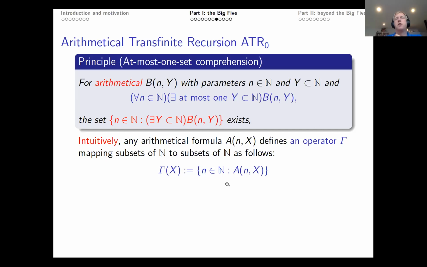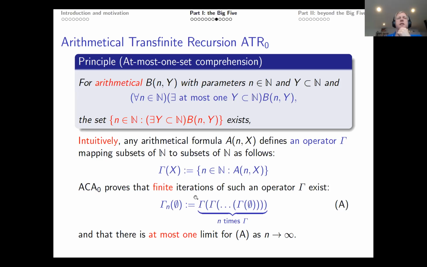Sure, ACA0 proves this. But what is important, it also proves that if this limit exists, it's unique. So if we take the limit as n goes to infinity or similar limits, we're not sure that it exists in ACA0, but we know that if it exists, it's unique. There's at most one limit. And then of course ATR0 is equivalent to this.